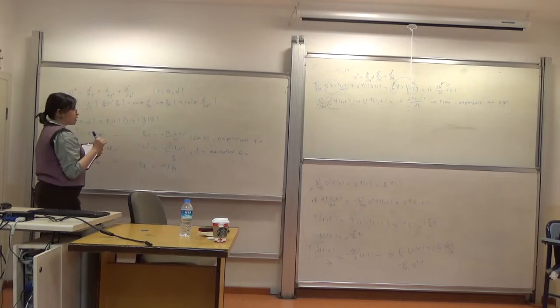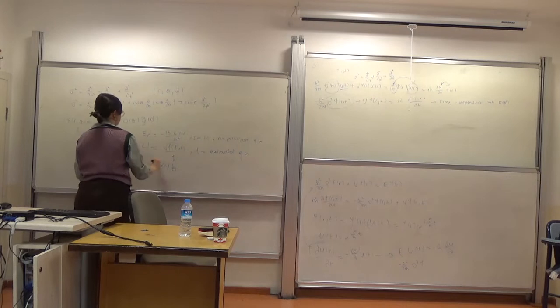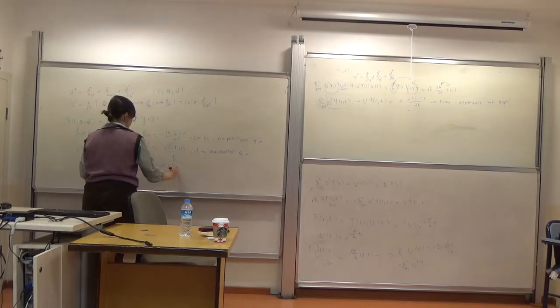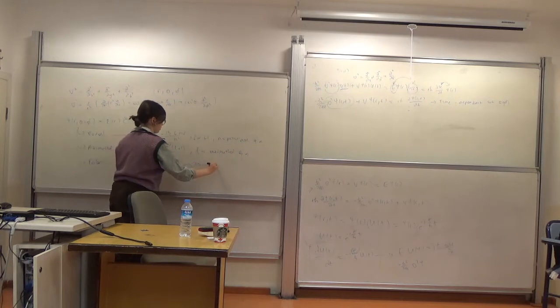Why I explained these quantum numbers is actually because of just this one, because it is associated with the Zeeman effect. This one.